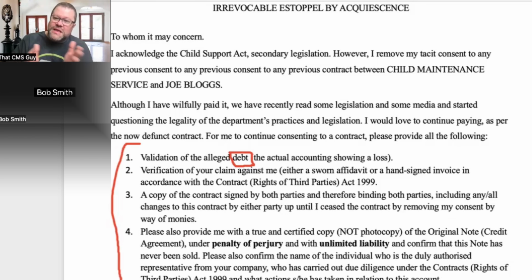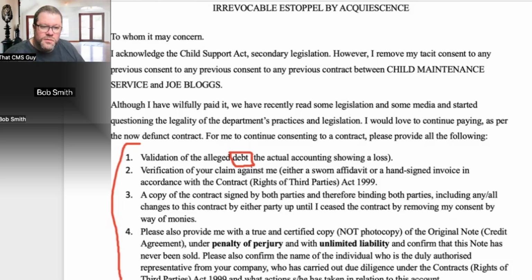So let's explain this. If you've suffered a loss, your insurance company would make a payout, right? Well, the way legal debt works is, let's say for argument's sake, a customer buys a service from a company and then doesn't pay for that service.